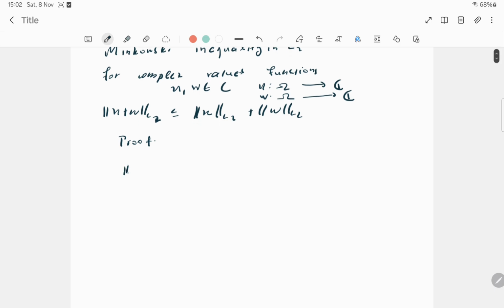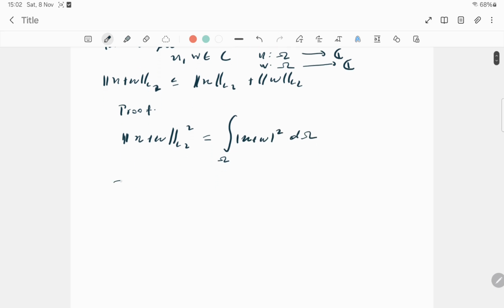We take the norm of u plus w in L2 squared. That's going to be the integral over omega of the modulus of u plus w squared d omega. Now the integrand, we're going to write this as u plus w times u plus w conjugate d omega.